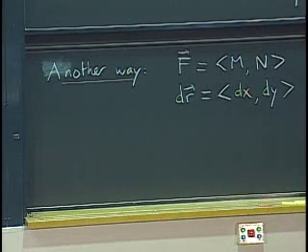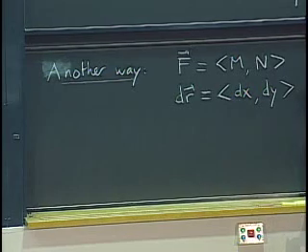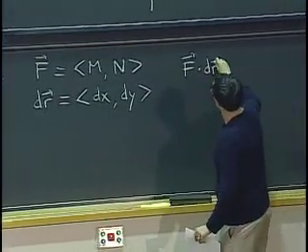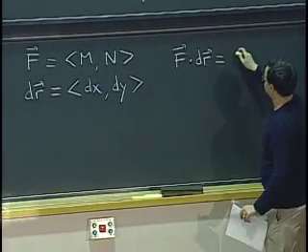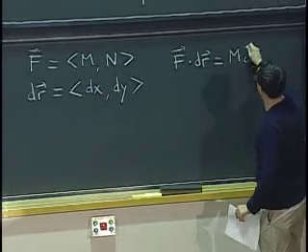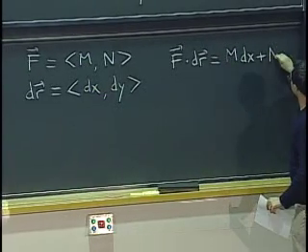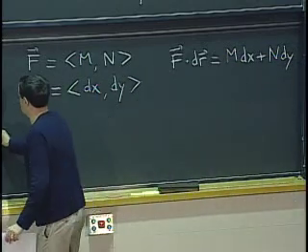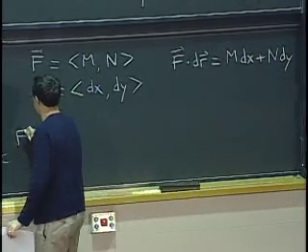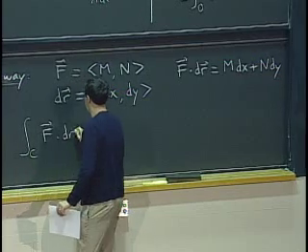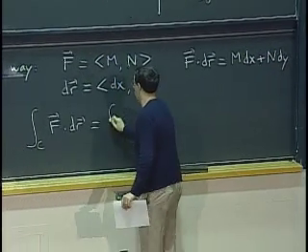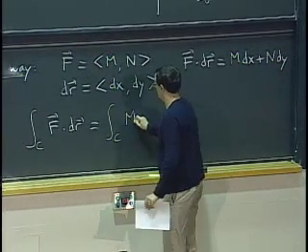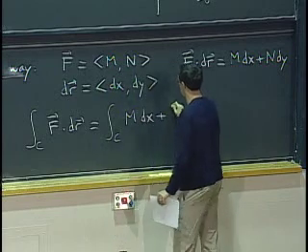It's not a real vector, of course, but as a notation, it's a pretty good notation because it tells us that f dot dr is m dx plus n dy. And so, in fact, we'll very often write, instead of f dot dr, the line integral along C of m dx plus n dy.